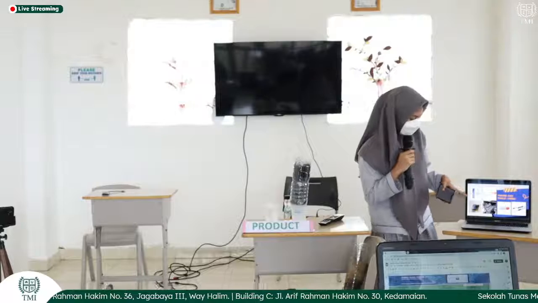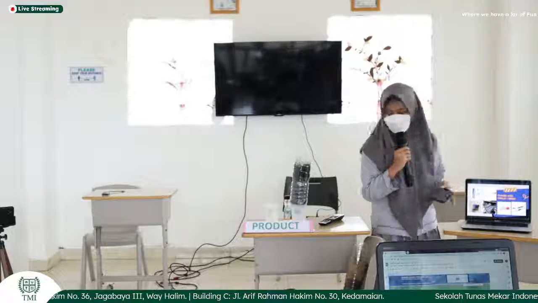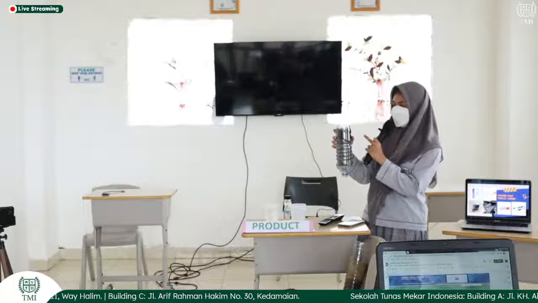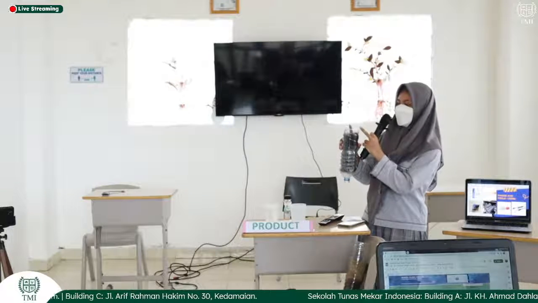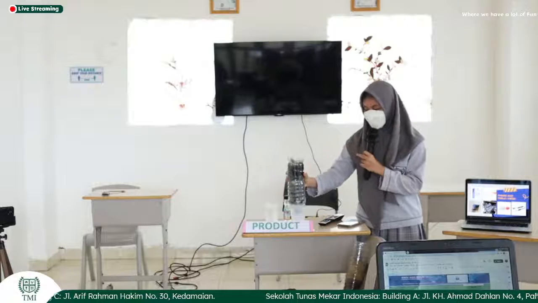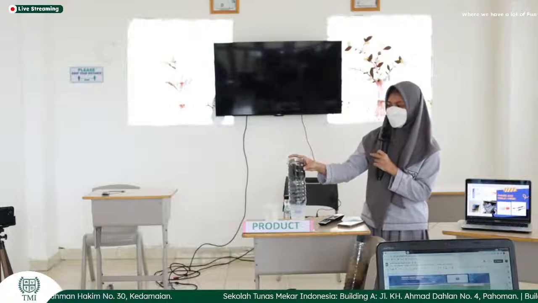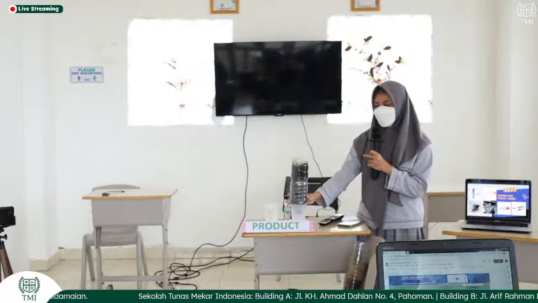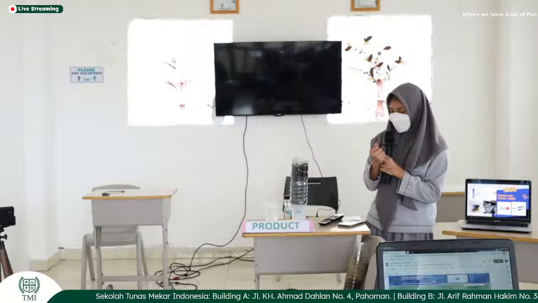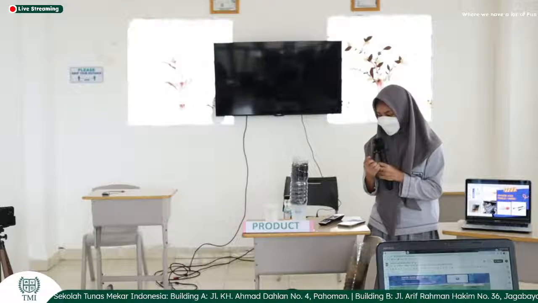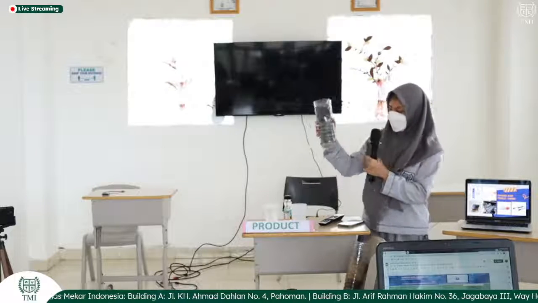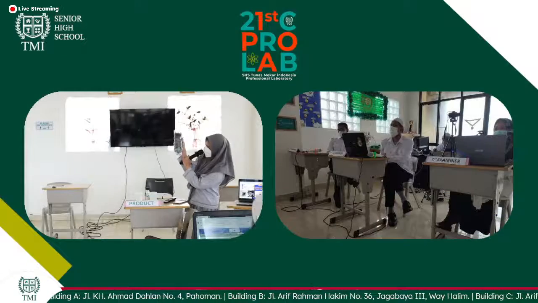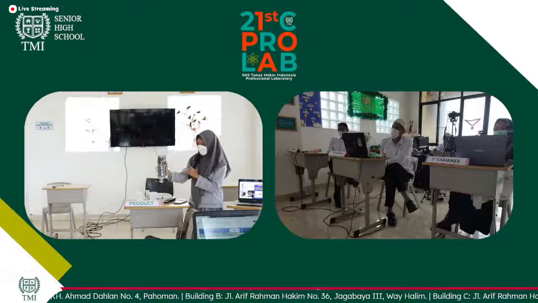So how to make this is, first I cut the bottom of the bottle, and then the bottom of the bottle that I don't use anymore, I cut it into a plate, and then I make holes in it with a soldering iron. So if you look at the bottom of this, there is something that looks like a filter.